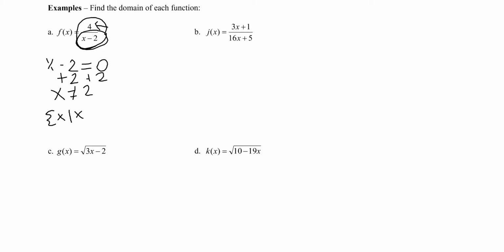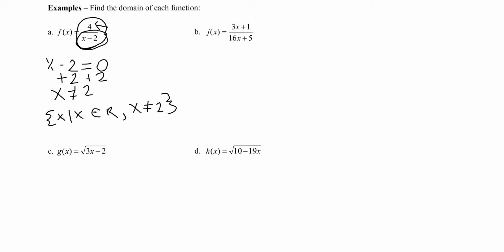The straight line means such that x is an element of real numbers, but x cannot equal 2. So it's basically saying it's every number except for 2.